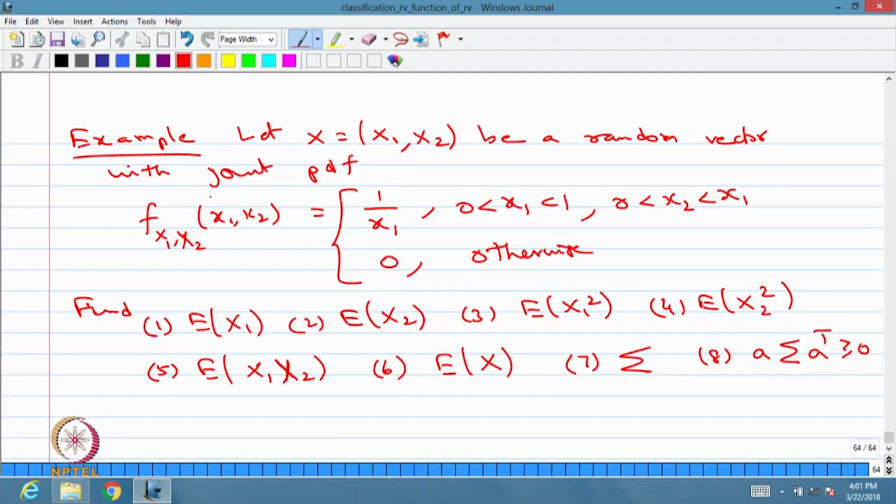The last one is to verify A times matrix A transpose is greater than or equal to 0. So, all those things you can do one by one.